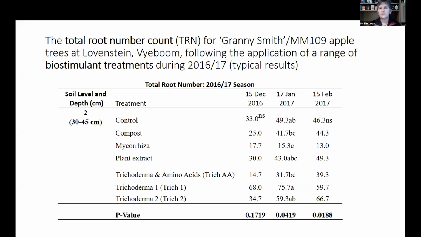So on the 17th of January 2017, it was possible to show differences in root reaction based on the treatments that we applied. So that was quite neat, because in this specific trial, we didn't see a lot of results above ground. So it was really nice for the student to at least show some significant differences in the soil.